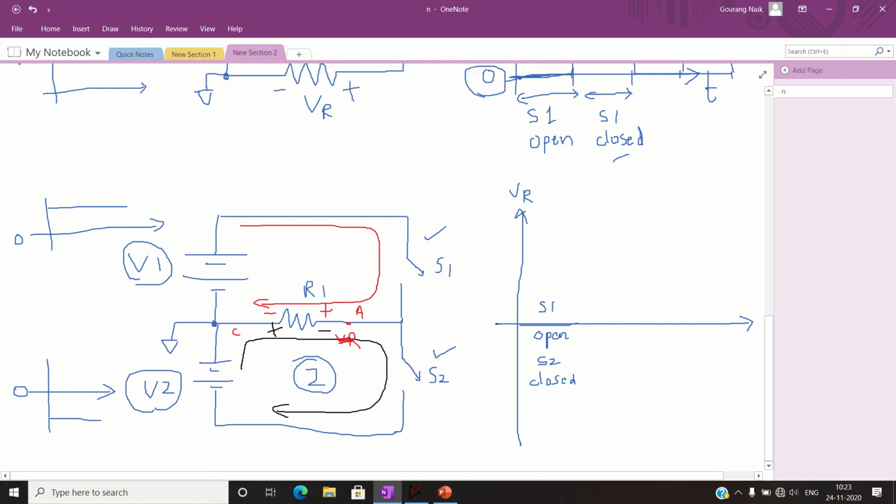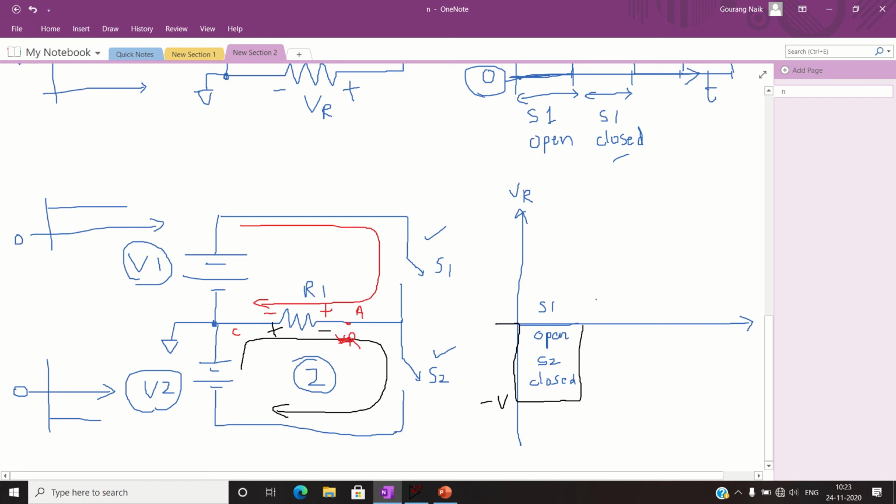So during this period, where S1 is open and S2 is closed, you will have some negative voltage. It will be very close to V2, but because of the switch S2 there will be some voltage drop.